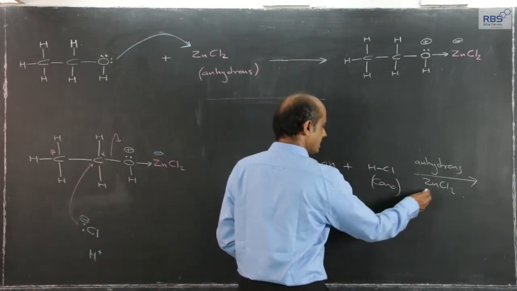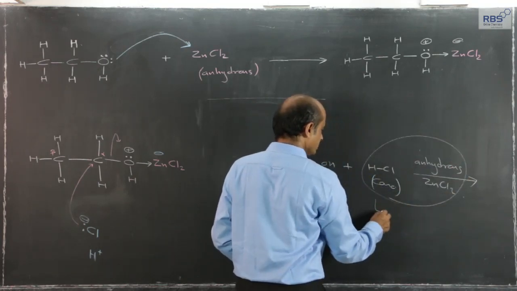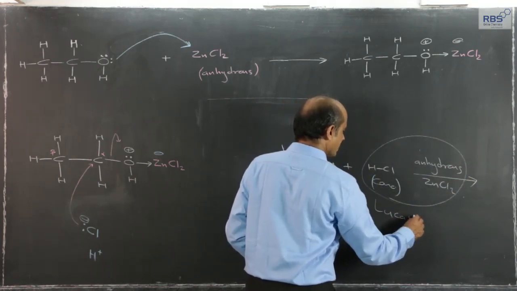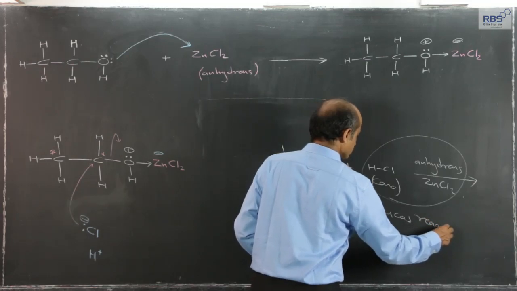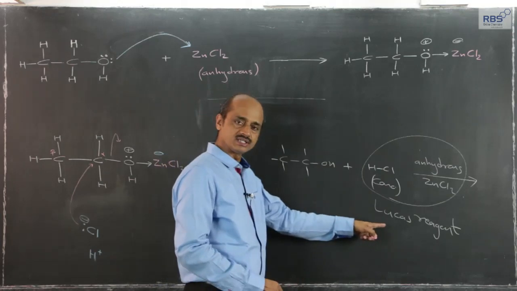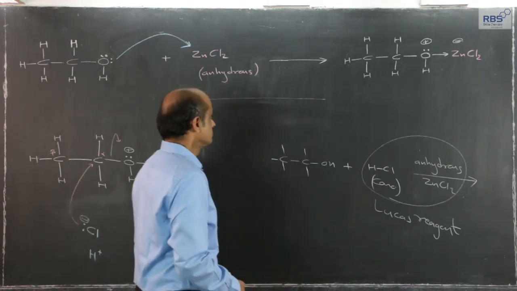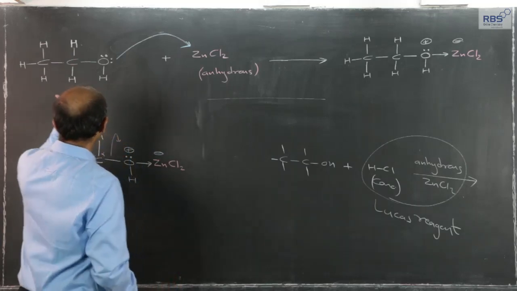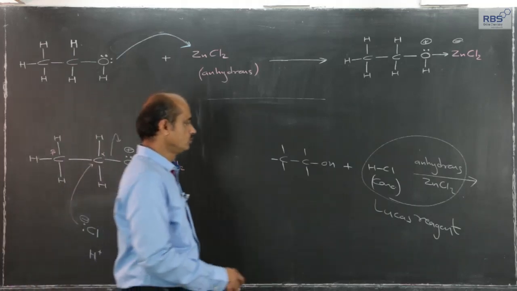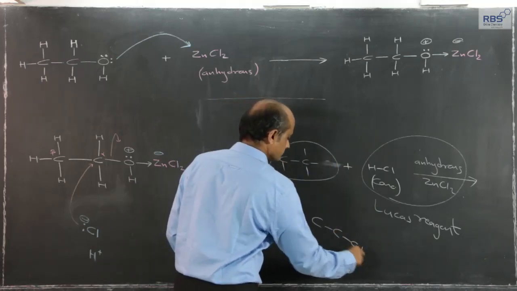Concentrated HCl and anhydrous ZnCl2, this mixture together is called Lucas reagent, or Lucas test, and is useful for conversion of ethyl alcohol to ethyl chloride ultimately.